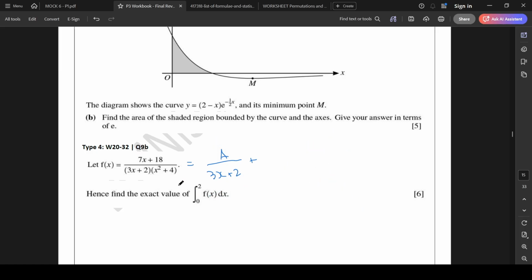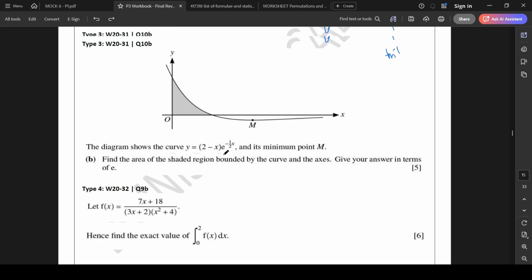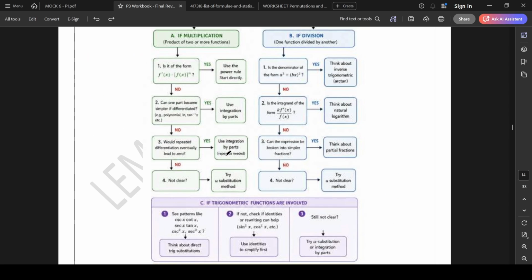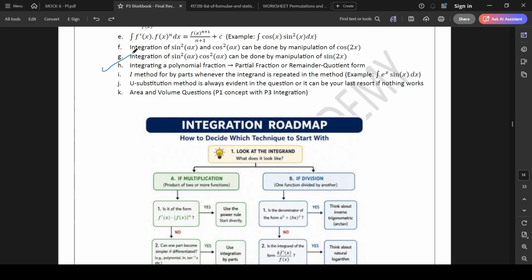I'll show you this kind of question again in the upcoming videos in this series, so stay tuned for that. But this is the exact thing I was talking about: if you are trying to integrate a polynomial fraction, there are two different techniques, depending on which format is given to you.